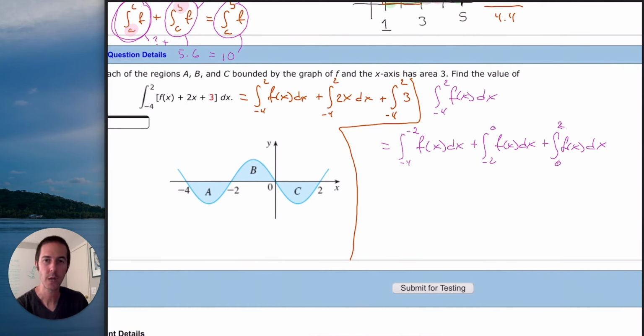So obviously I've chopped the entire interval from -4 to +2 into 3 subintervals, and yep, just double checking I wrote those out right. Good.